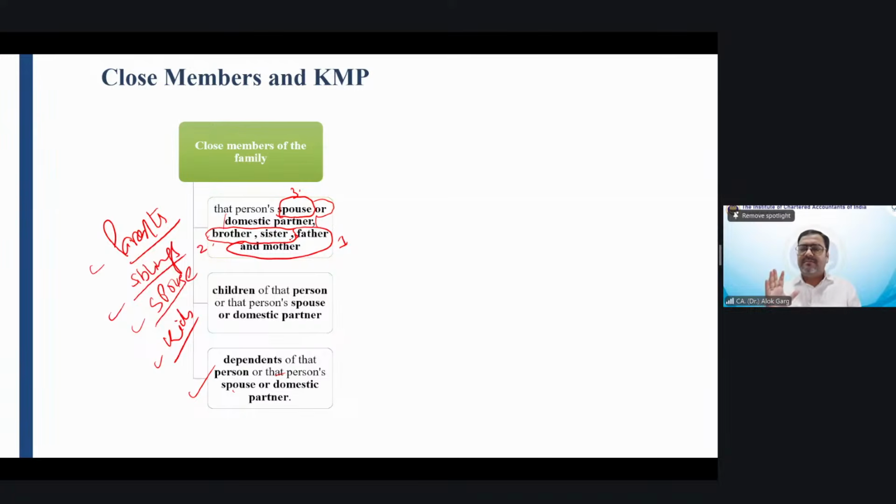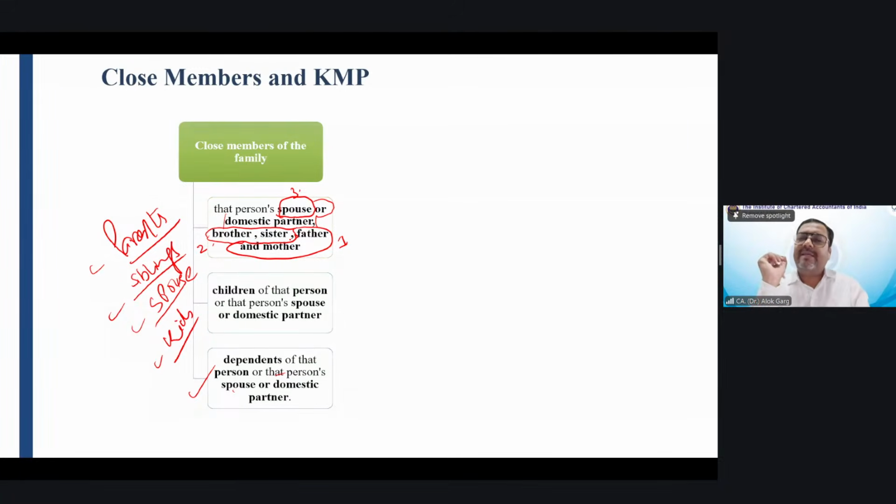Right, Saminathan? So if Mr. Ram is a KMP of an entity, only Mr. Ram's parents and Mr. Ram's siblings are covered here. The parents of the spouse of Mr. Ram and the siblings of the spouse of Mr. Ram are not covered here, right?